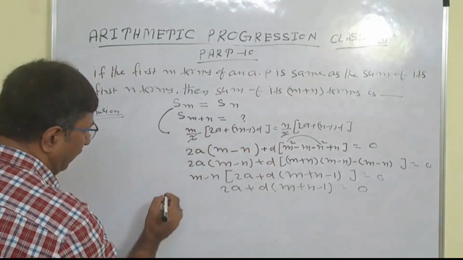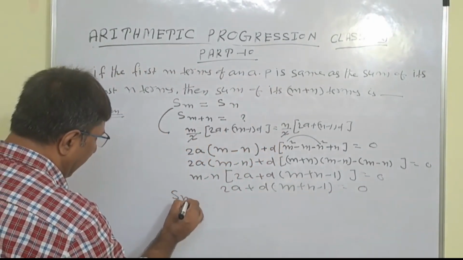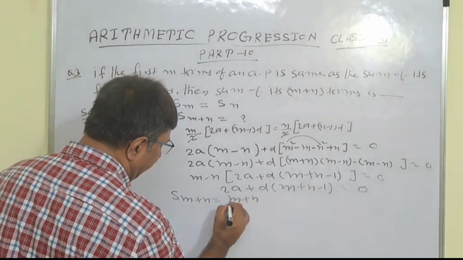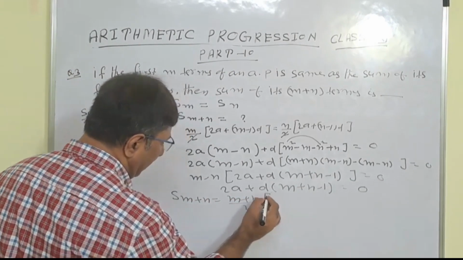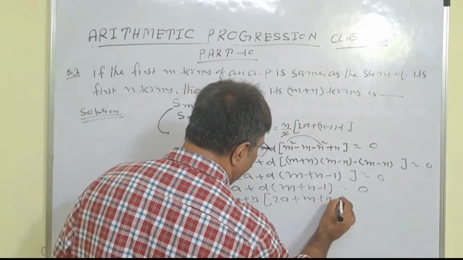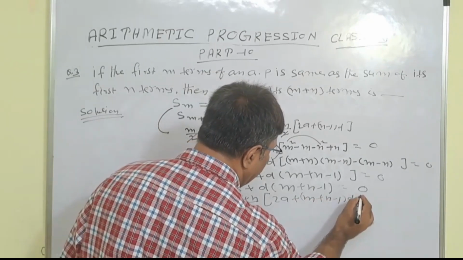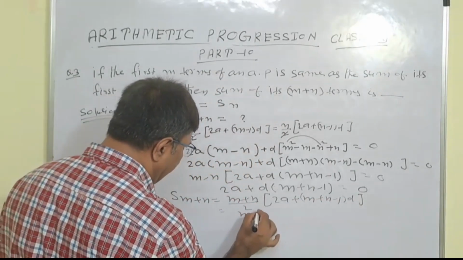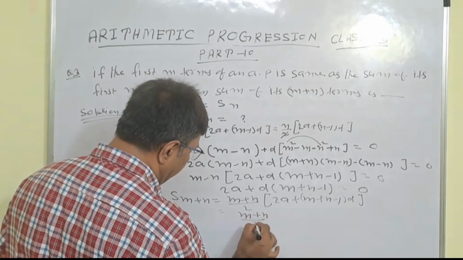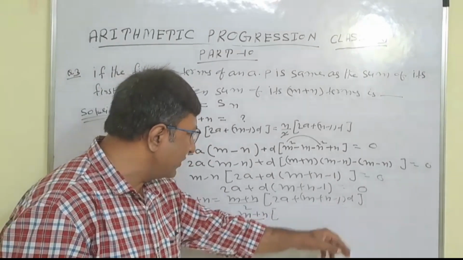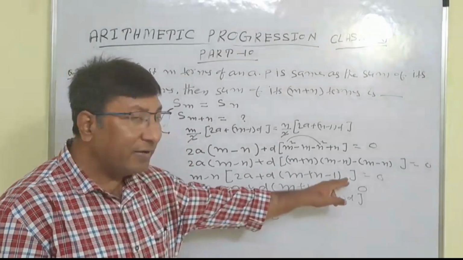Now we know we have to find the sum of m plus n terms. So this is m plus n by 2 into 2a plus m plus n minus 1 into d. So this is simply m plus n by 2 and here 2a plus m plus n minus 1 d, this value is what? 0.